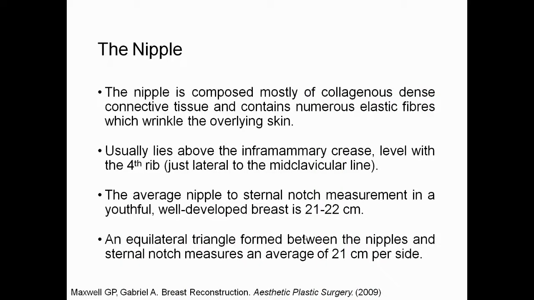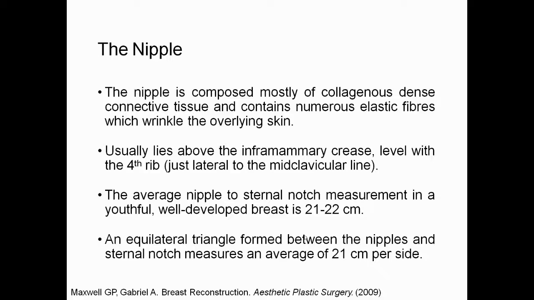What is it made up of? The nipple is composed mostly of collagenous dense connective tissue and contains numerous elastic fibers. That is why there is the wrinkle of overlying skin. It usually lies above the inframammary crease, level with the fourth rib, just lateral to the mid-clavicular line.